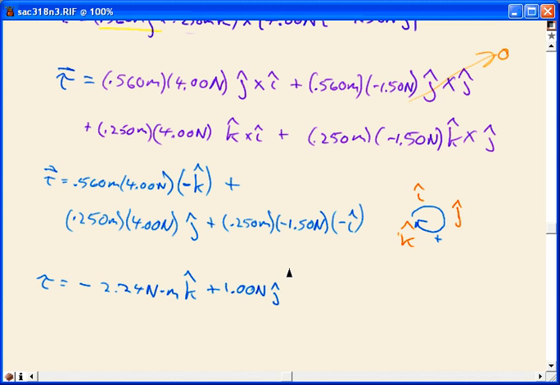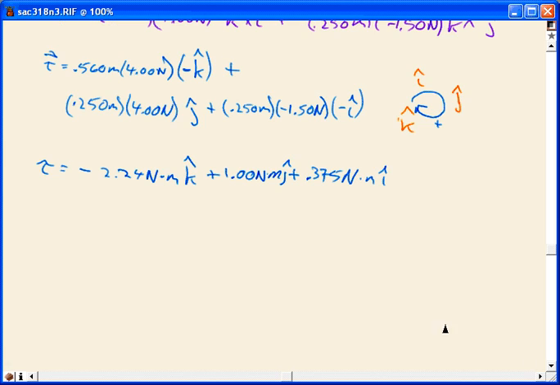And then this one, I get two minus signs, so that's positive. So that last term turns out to be 0.375 newton meters times i. And again, I forgot the meters on one of these, so put the meters in there and squeeze in a j, and I got it made.